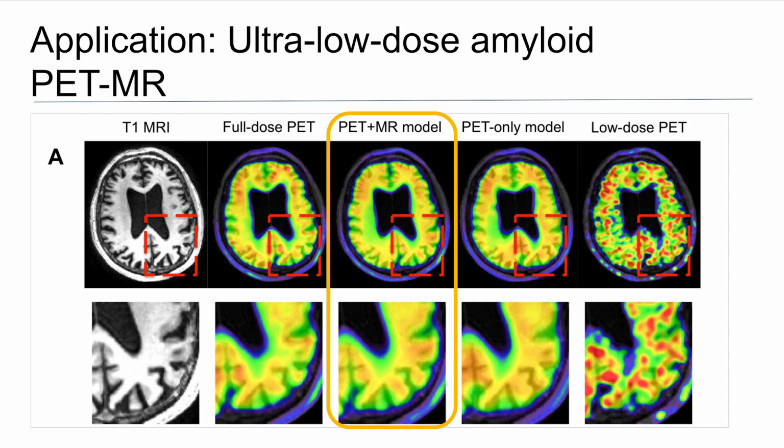It's a comparison of the ground truth standard dose PET, the low dose PET, the model using pure deep learning without MR, and the model we propose using both PET and MR. This clearly shows that by combining deep learning and adding MR information to the PET information, it can generate much better quality. It shows better contrast, better structure, and better resolution.